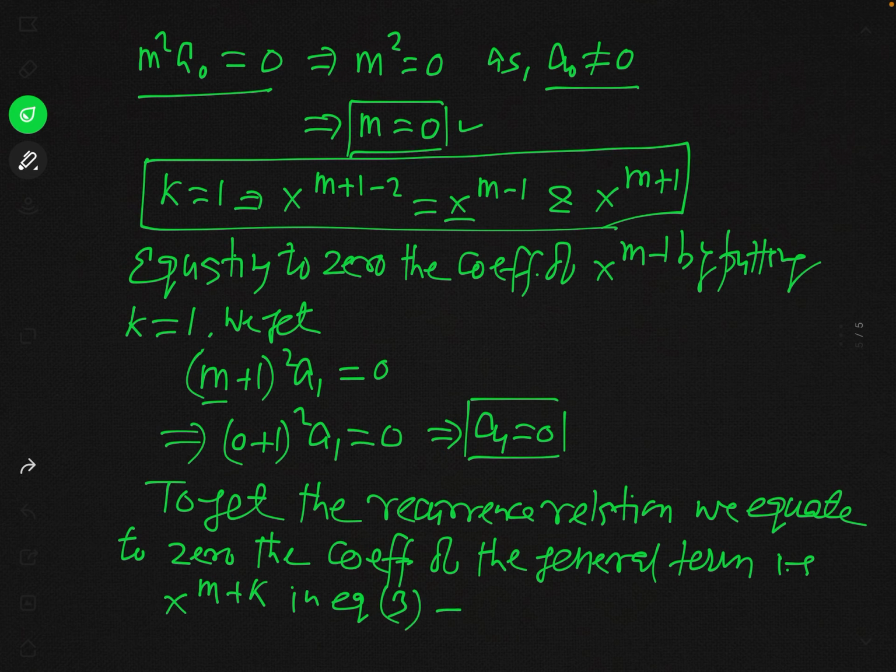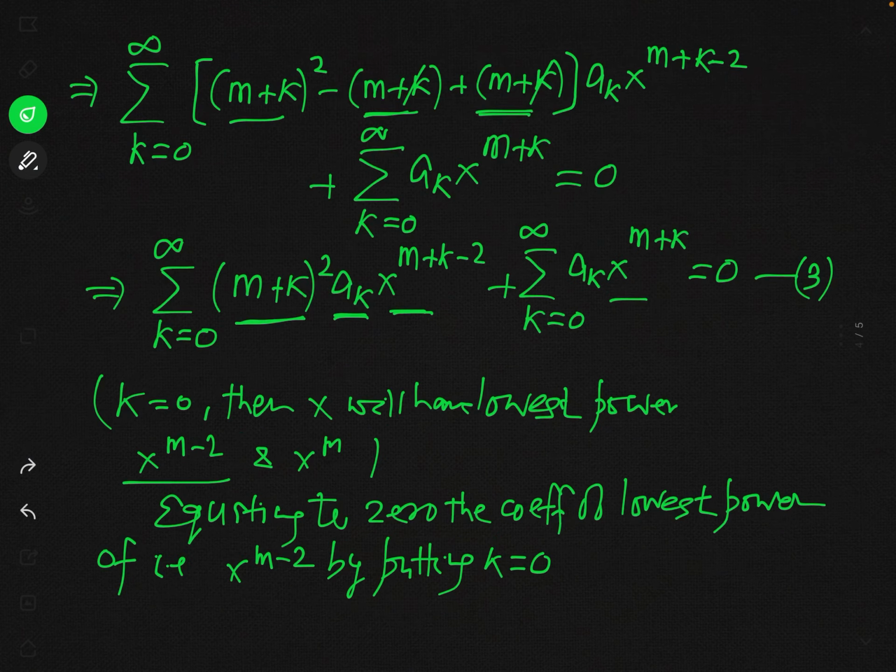What will you get after this? You can see in equation 3, in the first term, x contains the power m plus k minus 2. But now we have to equate to 0 the coefficient of x to the power m plus k. So, if you replace this k by k plus 2, then in the first term there will be x to the power m plus k only.